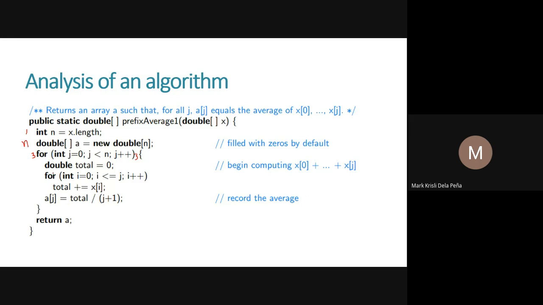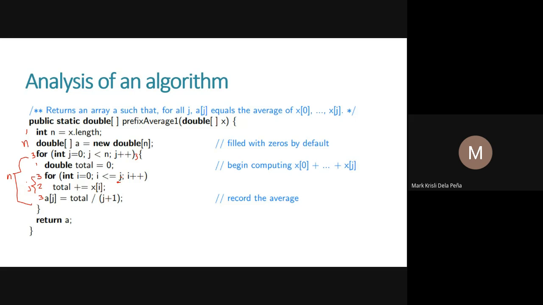Then another loop here. 1 operation. Another loop here. And 2 operations. And 3 operations, I think. However, here it would depend on j. And here it would depend on n. So which means, let's just say that n or j are just the same.